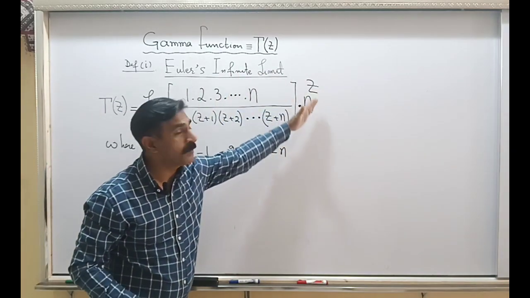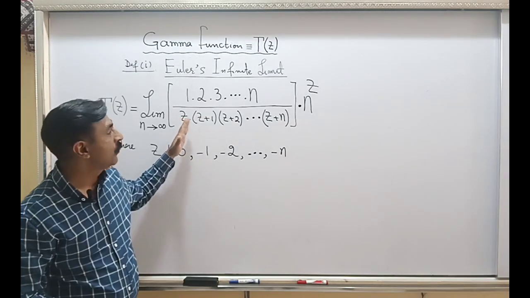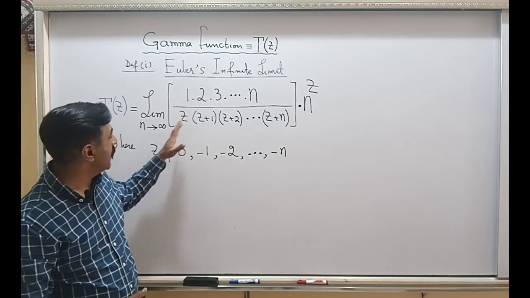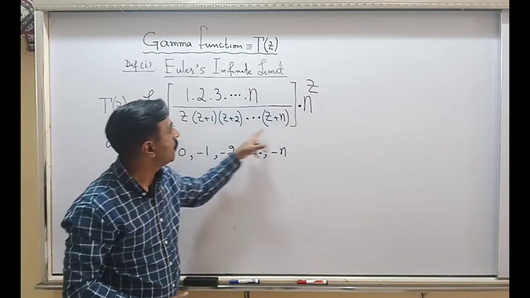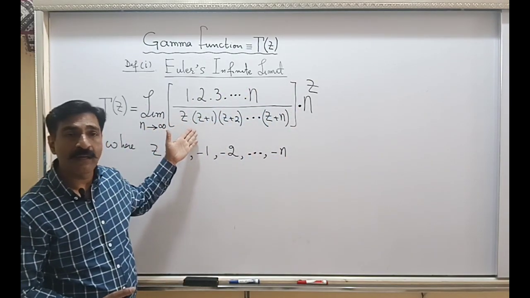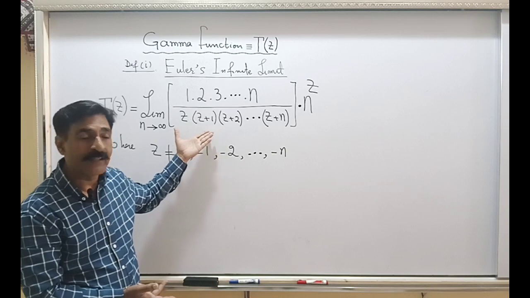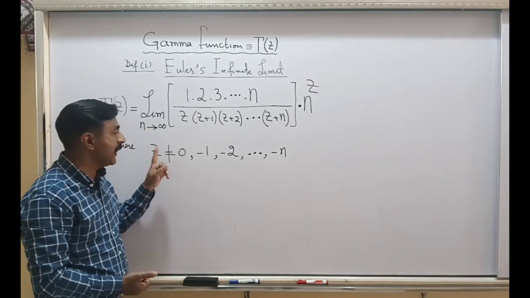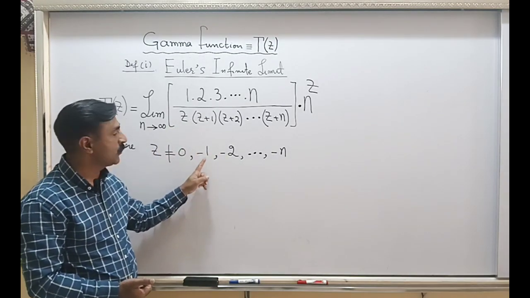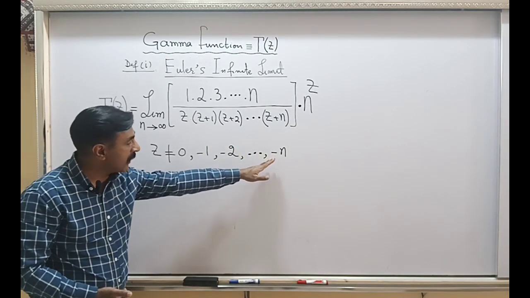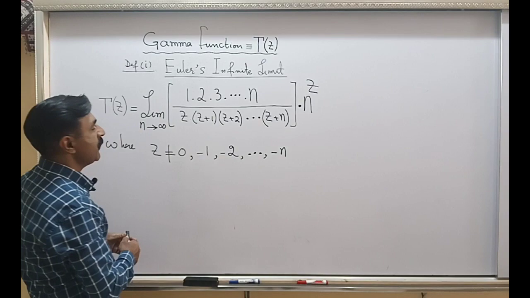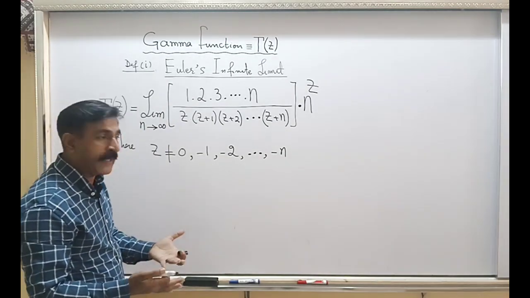This expression will produce a finite value, whatever that value is. And if z is a complex number, it will also produce a finite complex number or a real number, whatever the case may be. So z is not 0, not -1, not -2, not -n. Other than these, z can be a real number or a complex number.